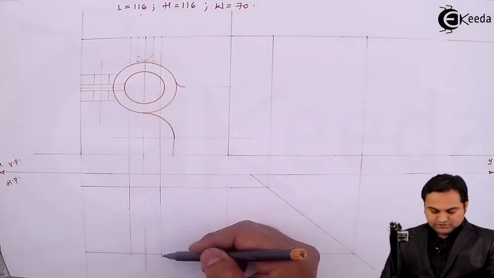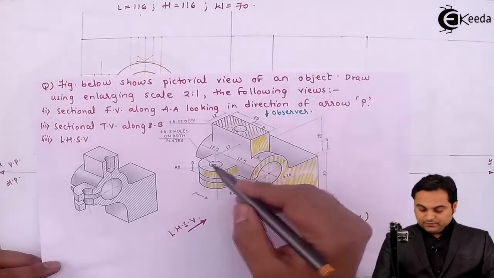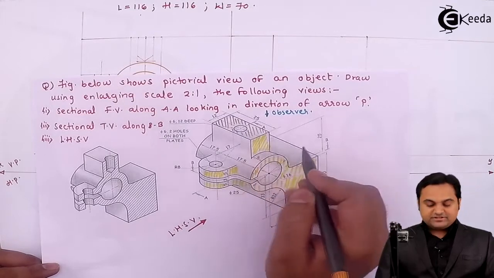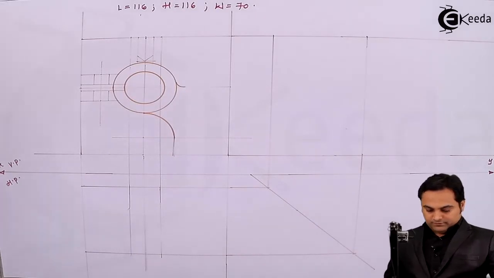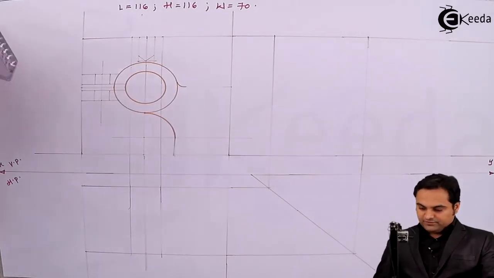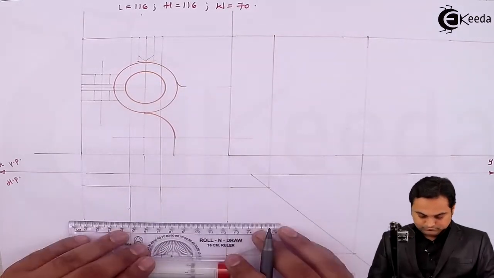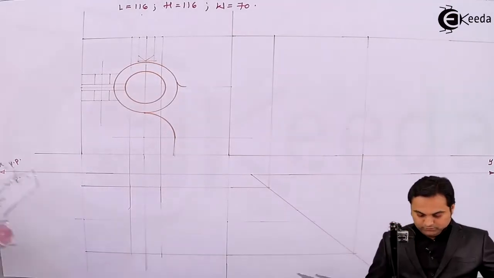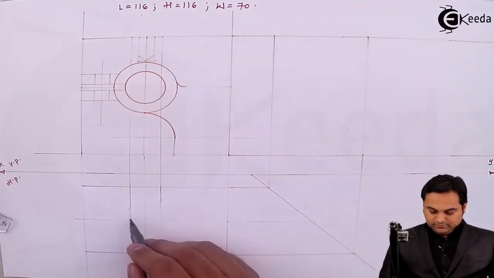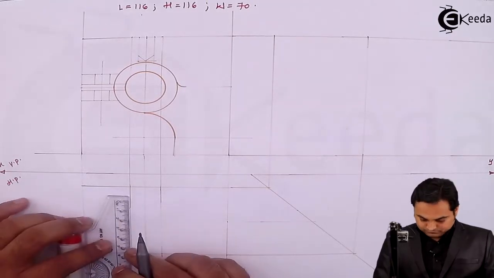Then here the width of this portion is 50 mm, and when I'm looking from top, about the center line the object is symmetric. So first I'll take the center here into the top view, that is taking half of the width. Now from this center line I'll measure 25 mm on one side, 25 on the other side.